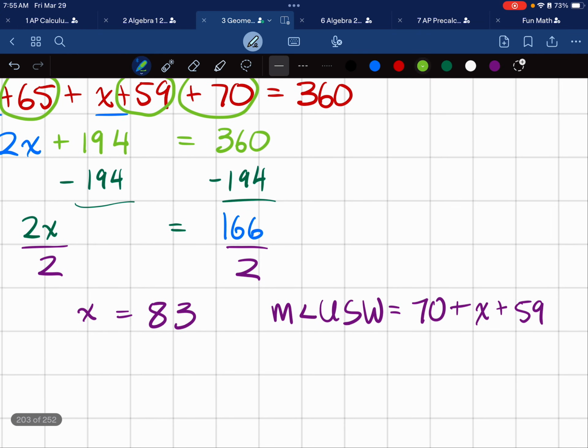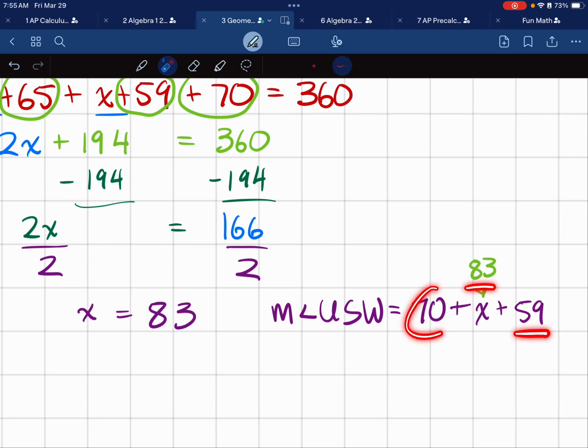X is 83, so I'm going to plug in 83 into that x, and then I'm going to get, I'm running out of room. Let's add this together. So 83 and 59 are the hardest pieces. I'll save my dessert for later. 3 and 9 adds up to 12, so I'm going to put a 2 right here. I'm holding a 1 in my hand, and I'm going to do 8 plus 5 is 13, plus the 1 in my hand is 14, so this is going to be 14.